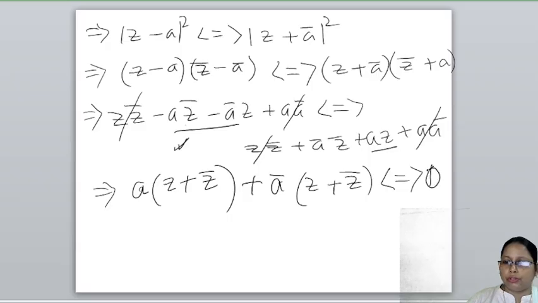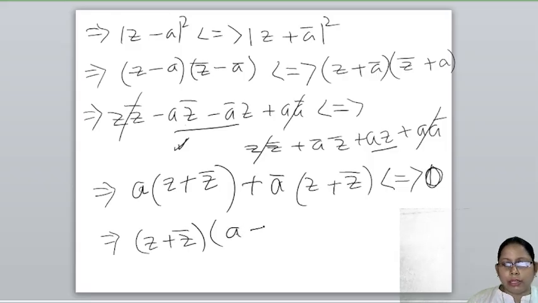Now, if I bring all these terms to the right-hand side and take (z + z̄) common, within the bracket I will have a + ā less than, equal to, greater than 0.